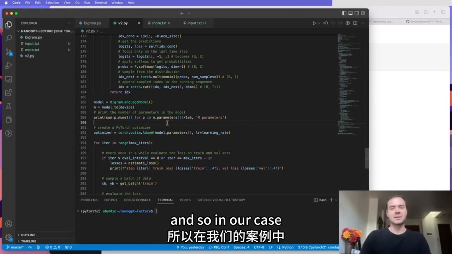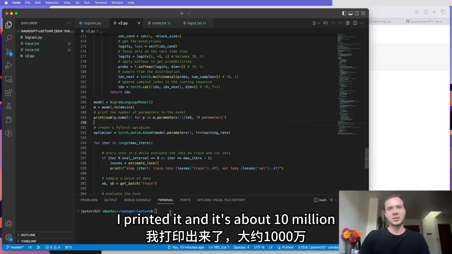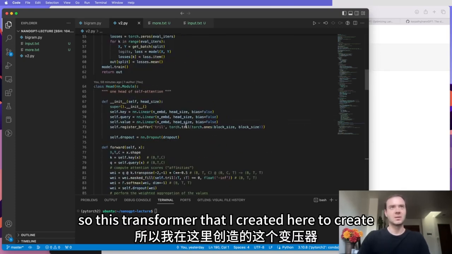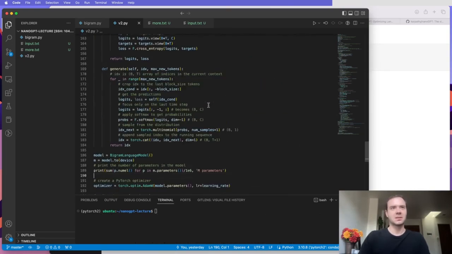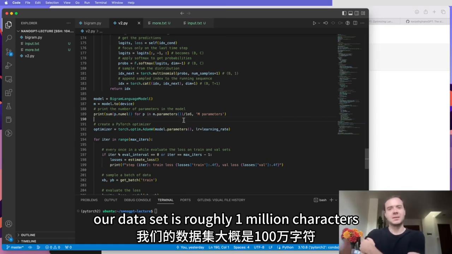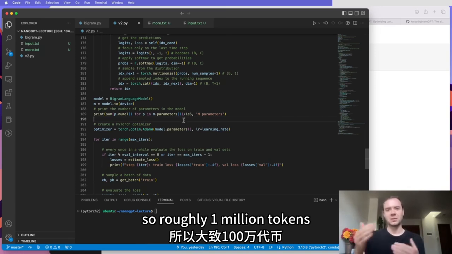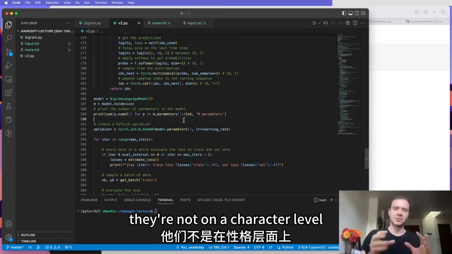And so in our case, this is how you print a number of parameters. I printed it and it's about 10 million. So this transformer that I created here to create a little Shakespeare transformer was about 10 million parameters. Our data set is roughly 1 million characters, so roughly 1 million tokens. But you have to remember that OpenAI uses different vocabulary. They're not on the character level.